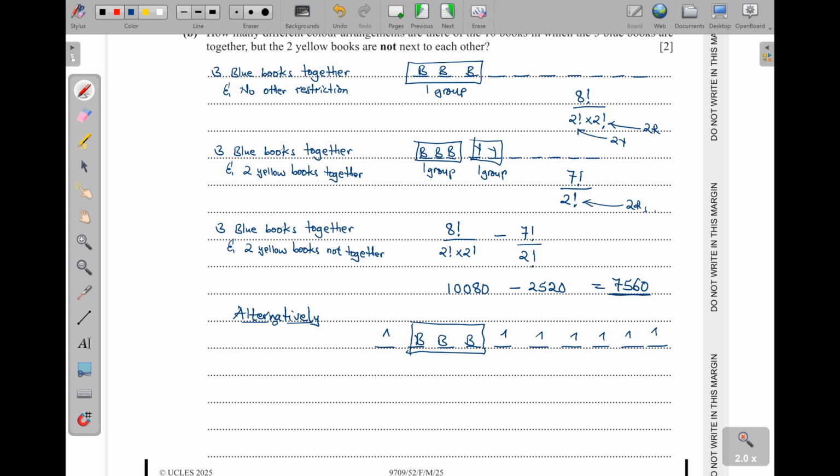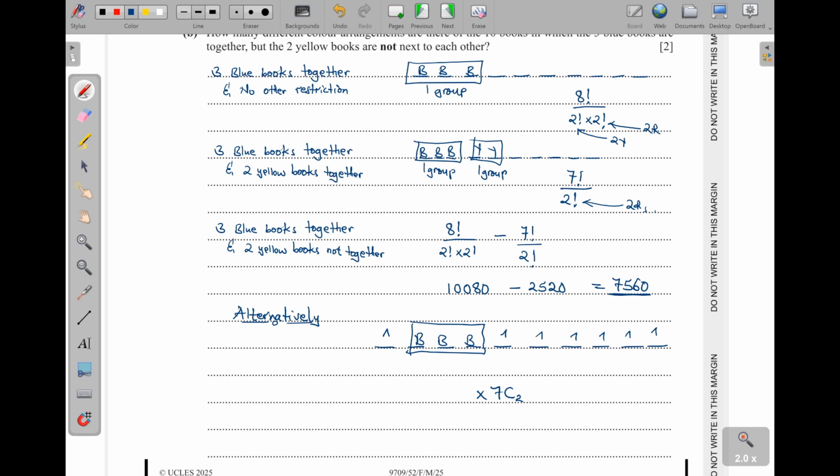But in these 7 places, I will only put the 2 yellows there. So out of the 7, I will choose 2 positions where I'm putting the yellows, and they are different. So one can be here, and then the other one can be distant. It can be here, it can be here, it can be here, like there.